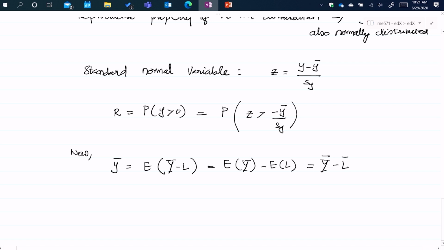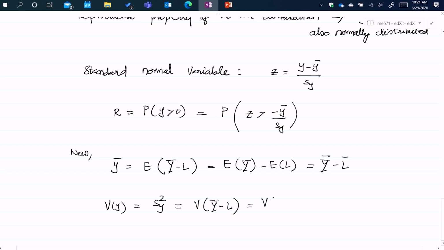Okay, next we can ask what is the variance of y, and that's s sub y squared. We know that's equal to the variance of strength minus the load.